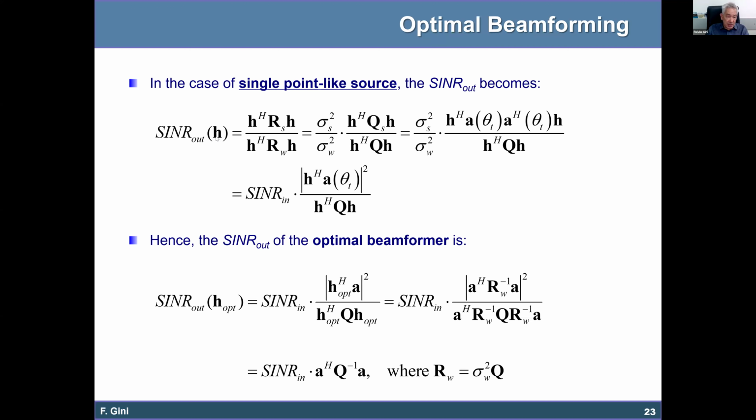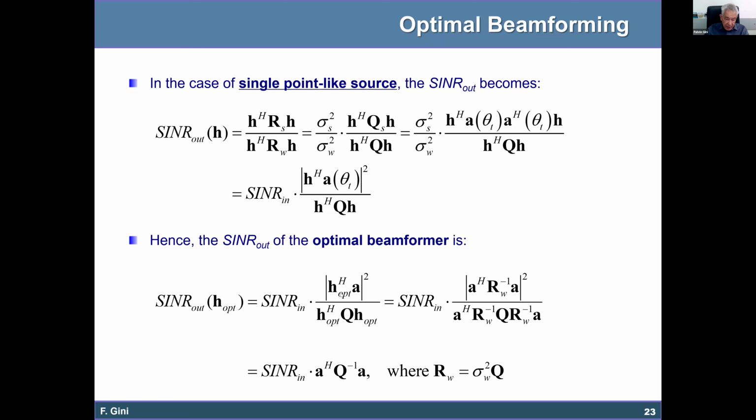Now, if you calculate this for the optimal clairvoyant beamformer, we find the maximum output signal to noise ratio that we can achieve. So we replace H with the optimal H, which is A Hermitian RW inverse.